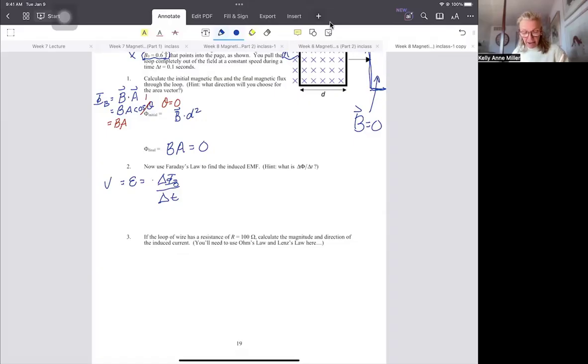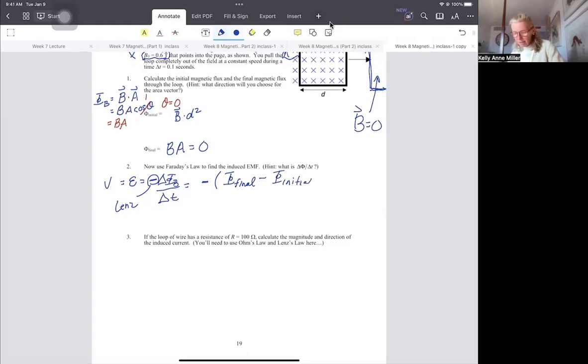And the negative sign gives me the direction that the current will be induced, like which direction the induced current goes based on that EMF. So I can just write this out. This basically is Lenz. So I'm going to put the negative there, and then I'm going to subtract the final flux.